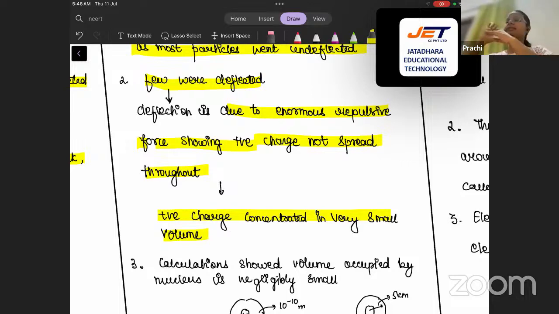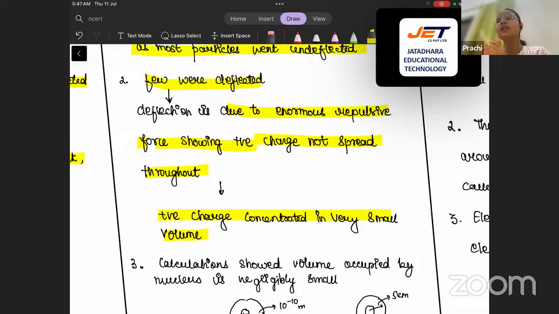But if it is distributed uniformly, the particle will pass through this charge. If it is concentrated at one place, whatever positive charge comes, like charges will repel each other. So once it faces this positive charge, it has to deflect at some angle, which was observed there.